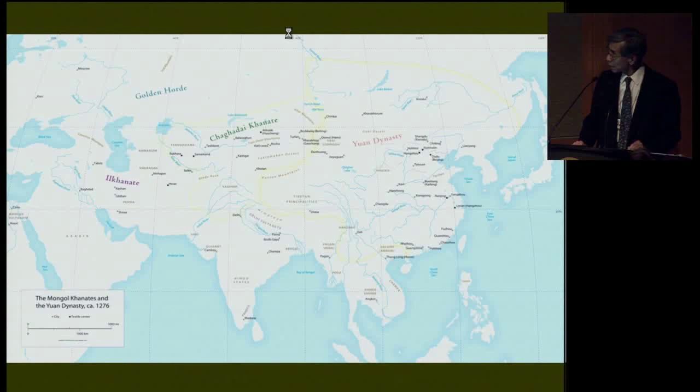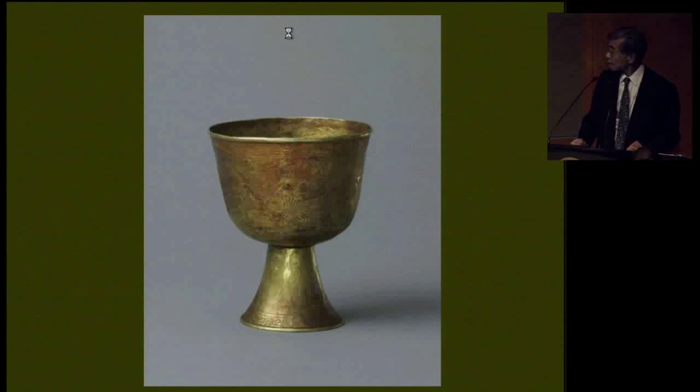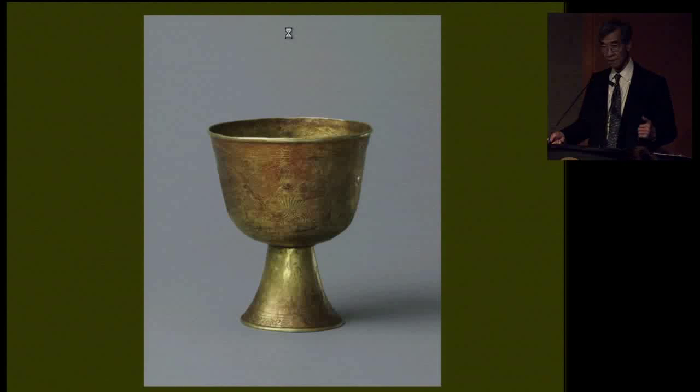Now, there are only two slides for my first version. This is a gold cup of the early 13th century from North China. The form is as old as pastoral nomadism.